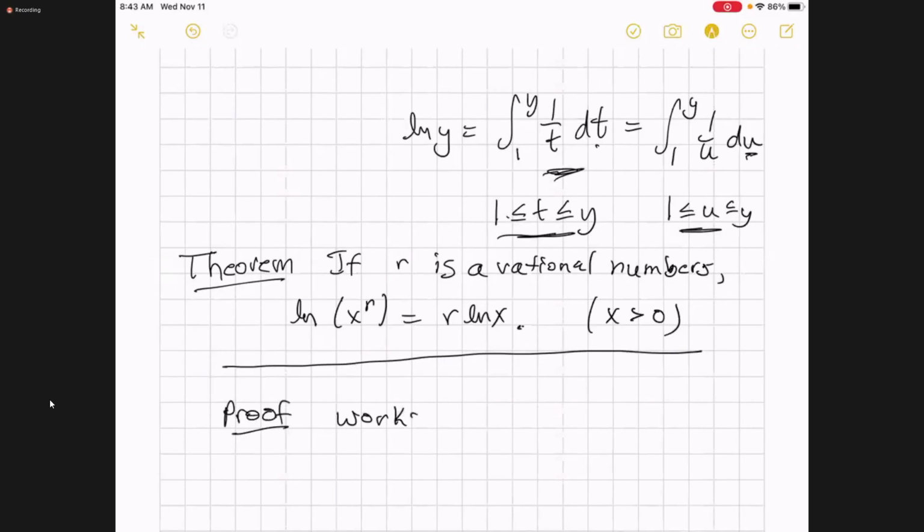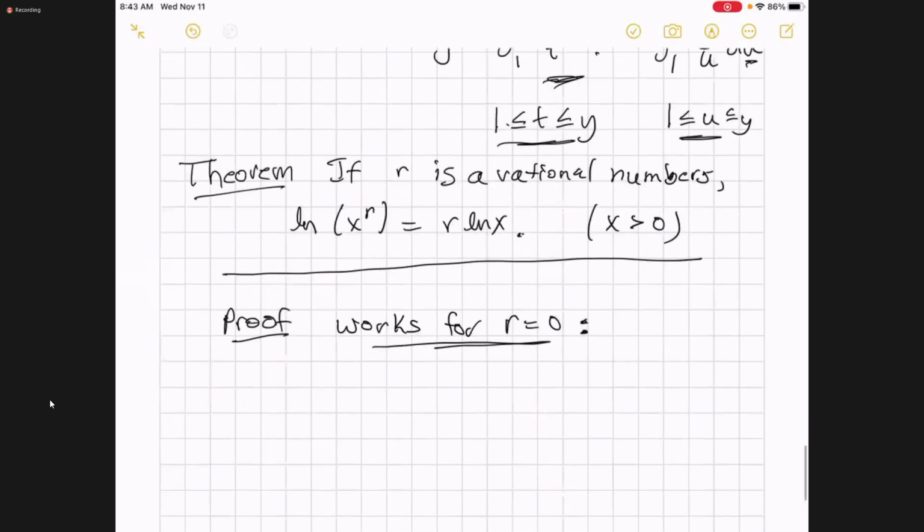I'm going to prove that this statement works for r equal to 0. So that's one number. I have a lot more other numbers to consider. What would this statement be? ln of x to the 0. Well, if x is positive, x to the 0 is 1.